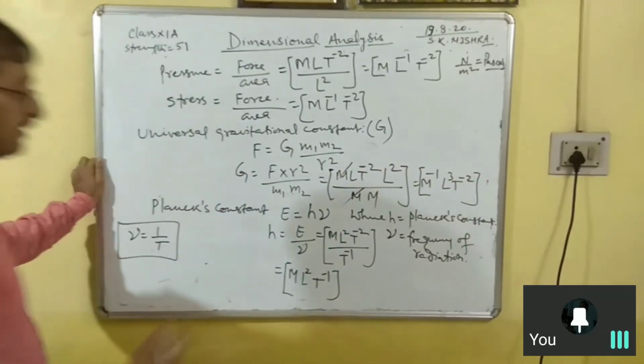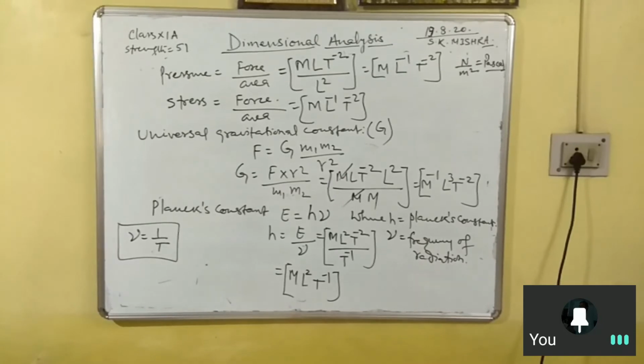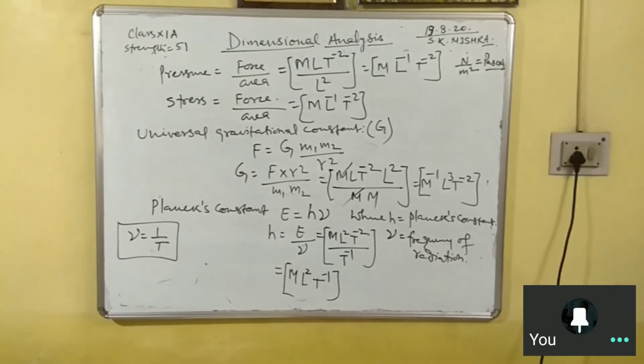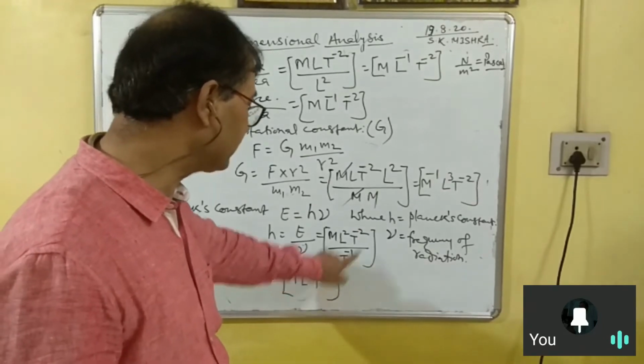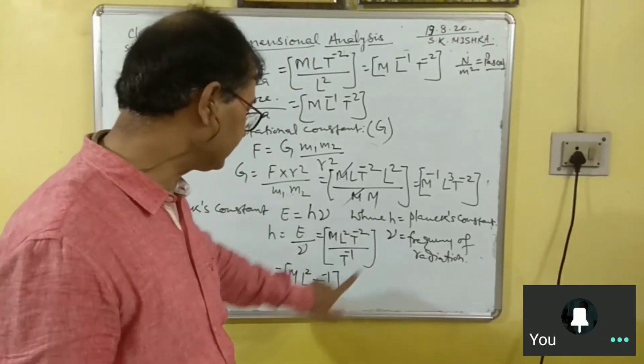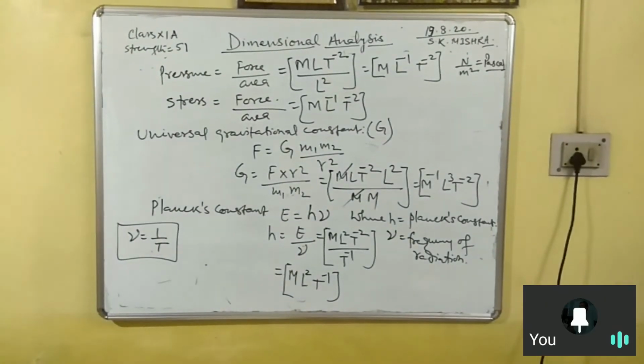Just check it. Energy is M L^2 T^-2 divided by frequency, T^-1. In the numerator it is M L^2, and this will become minus 2 plus 1, which is minus 1. So M L^2 T^-1 is the dimension of Planck's constant.